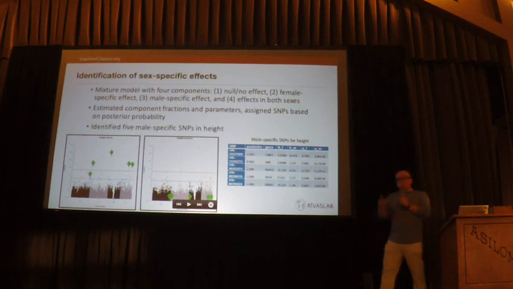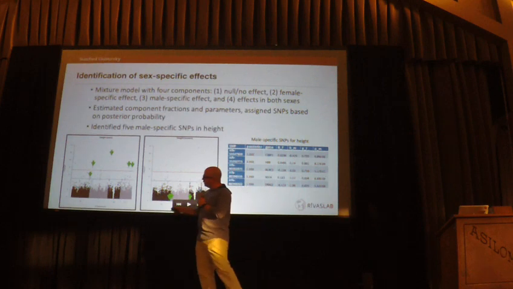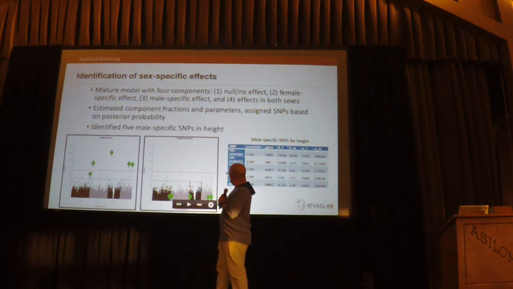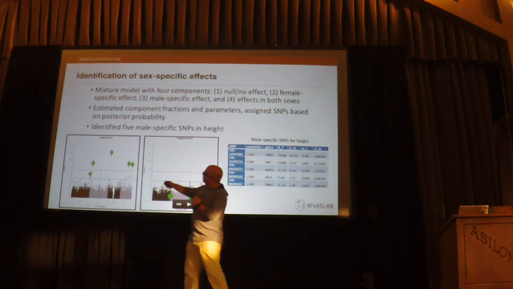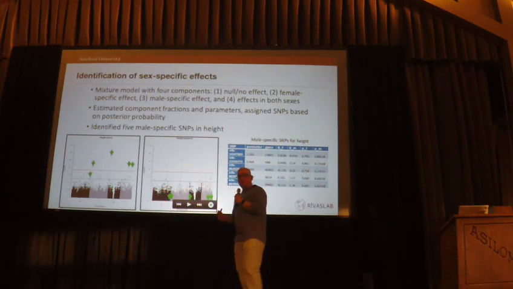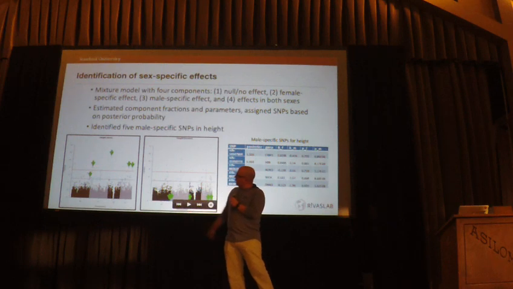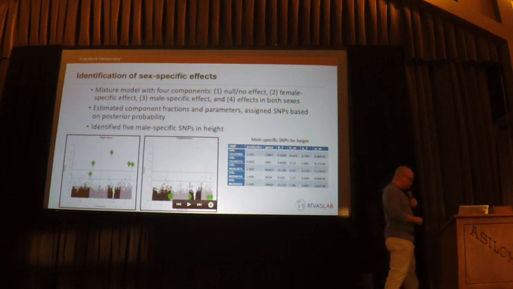So with that said, though, we are able to identify genetic variants that have sex-specific effects. So here is a handful of genetic variants that, for height, if you plot it in the traditional sense in GWAS land, have evidence of association with height in males, and in females you don't have the association.